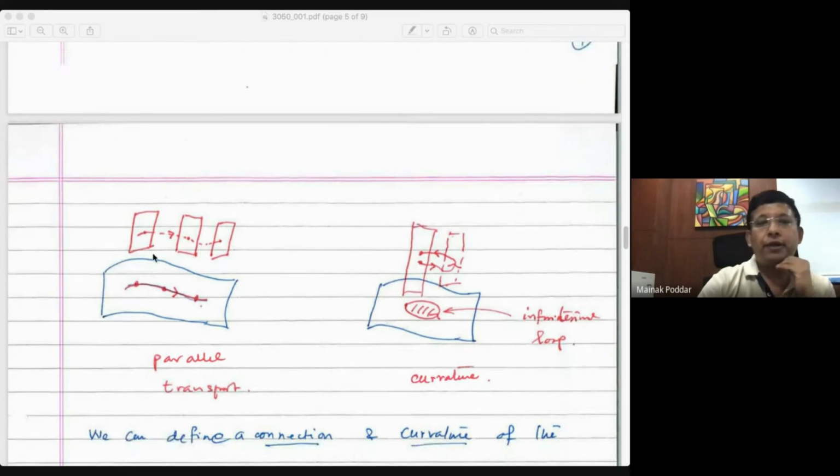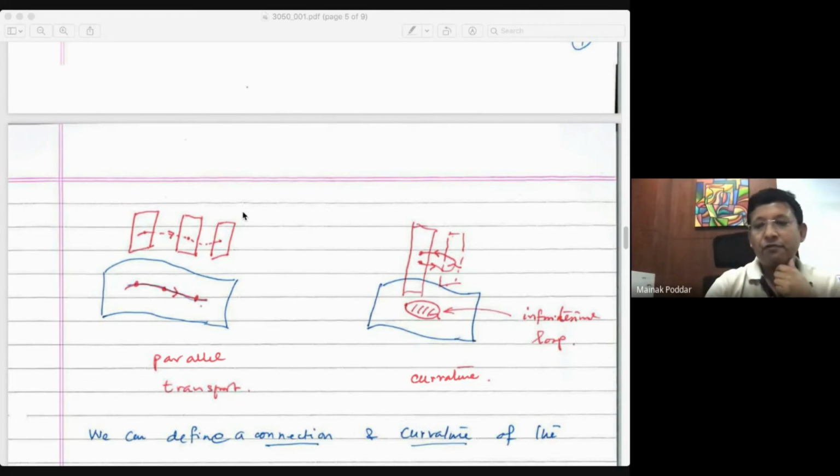And now what I need to know is if I move along a curve, there are these various vector spaces which are called the fibers of my vector bundle. And is there a way to go from one fiber to another along this curve? In other words, I need at least a way to transport. Okay. And this is possible to do.